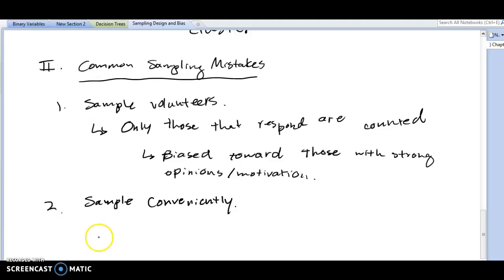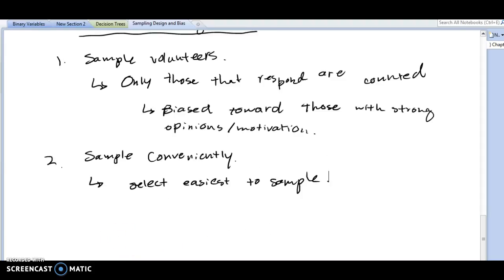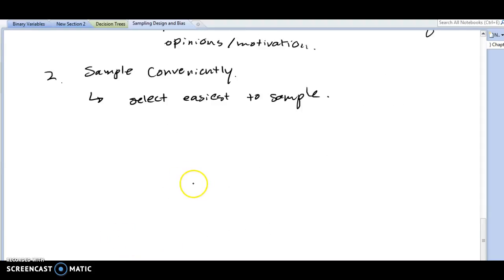Basically this is just doing whatever is cheapest, so you're just selecting the easiest to sample. And this is going to be biased. It doesn't necessarily represent those well due to the methodology associated to a particular subgroup.